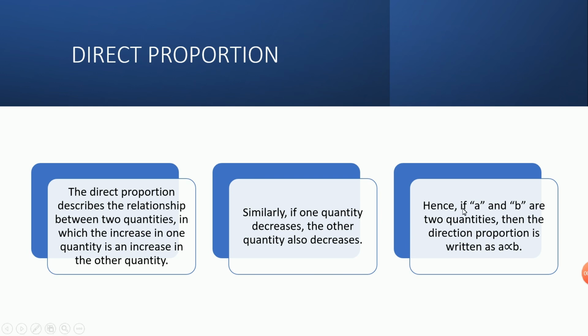So if a and b are two different quantities, then direct proportion is written as a, then the incomplete infinity symbol. At one end it is more like a ribbon, no? A left slanted ribbon. So that is: a is directly proportional to b.